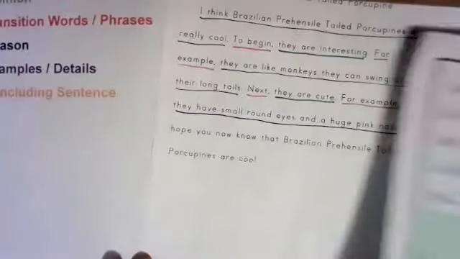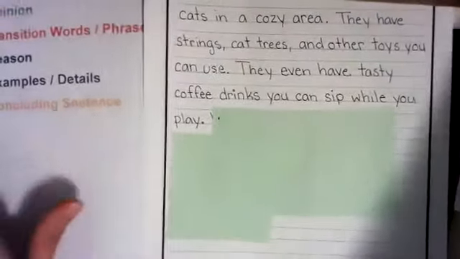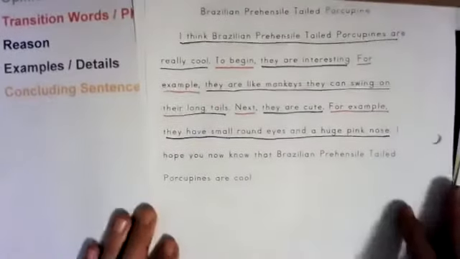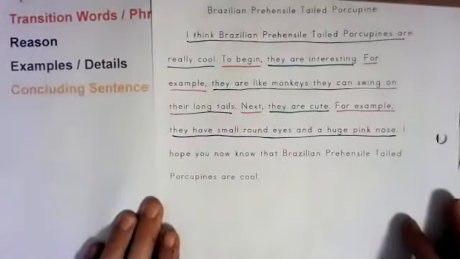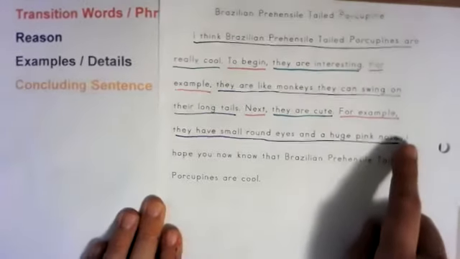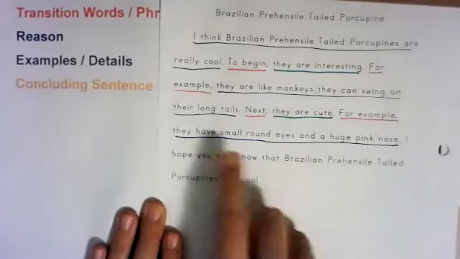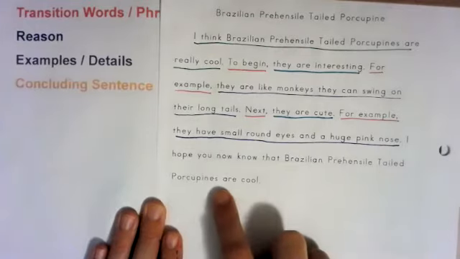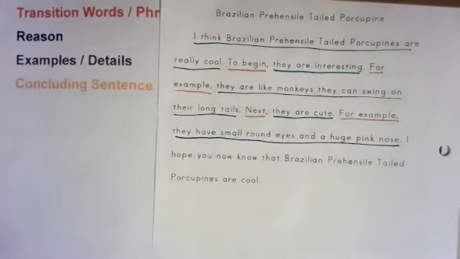Okay, now I'm wondering if next is going to be their concluding sentence. Let's see. Remember, that's the last thing we say to our readers to really remind them of why our opinion matters. I hope you know that Brazilian prehensile-tailed porcupines are cool.